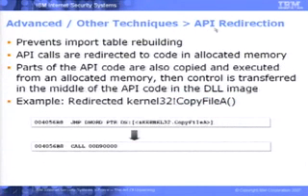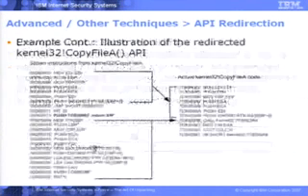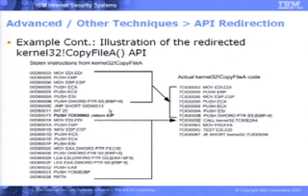Another technique is API redirection. It makes import table rebuilding difficult. In this example, a jump to a copy file will be modified to a call to allocated memory. On that allocated memory, there will be a copy of the copy file code.